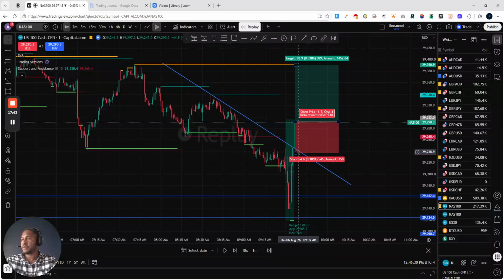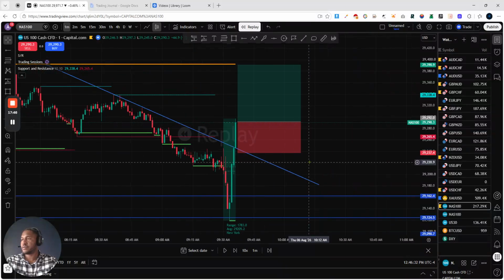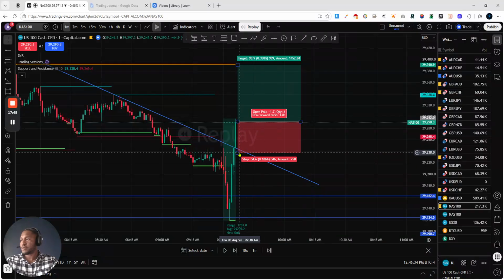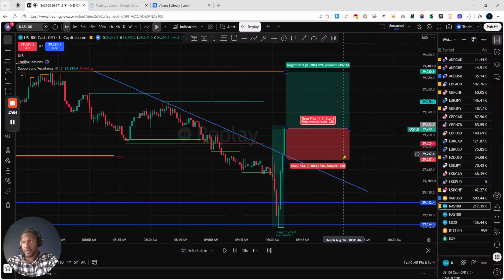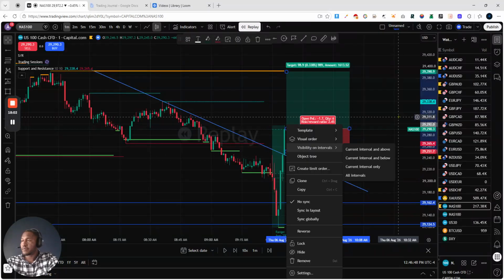Price does like to come and retest the trend line. Based off how these candles were moving, if we're moving with velocity, then it's like, okay, I'm going to put my stop loss right here. Boom.